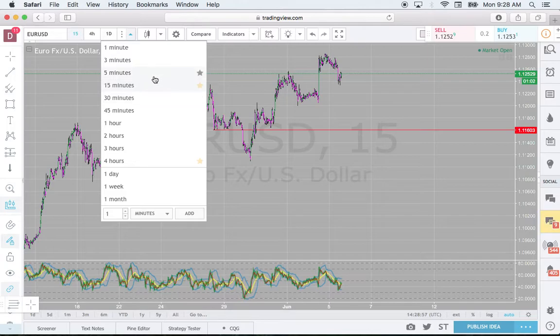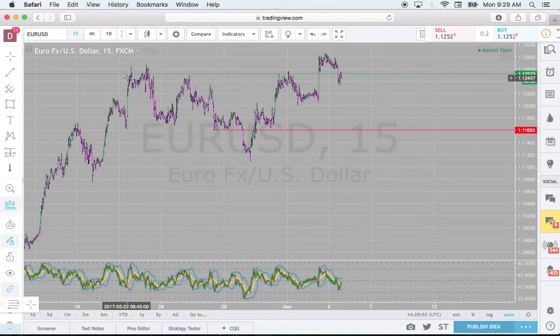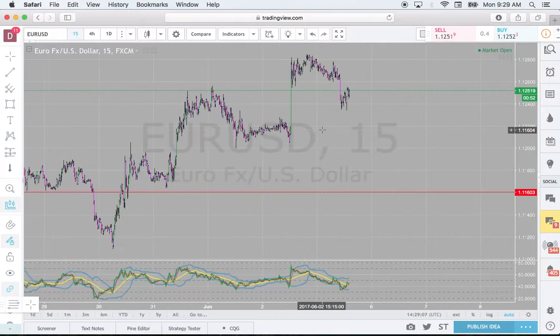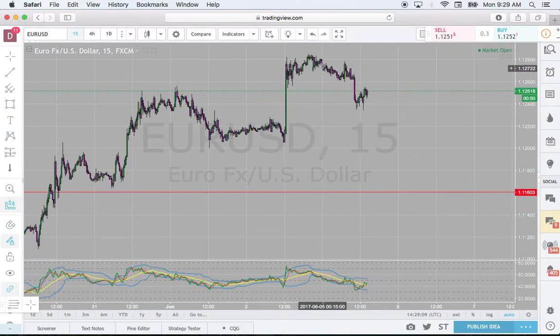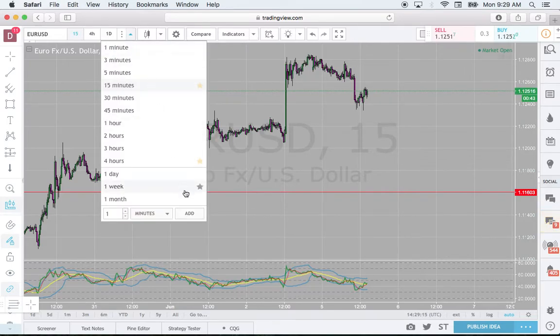The hour, the 15-minute, the daily. For me, my favorite, as you can see, is the 15-minute. I like to use the 15-minute chart to enter and exit. I also like to spot different patterns on the 15-minute chart. And my second favorite is the 4-hour and the 1-hour.